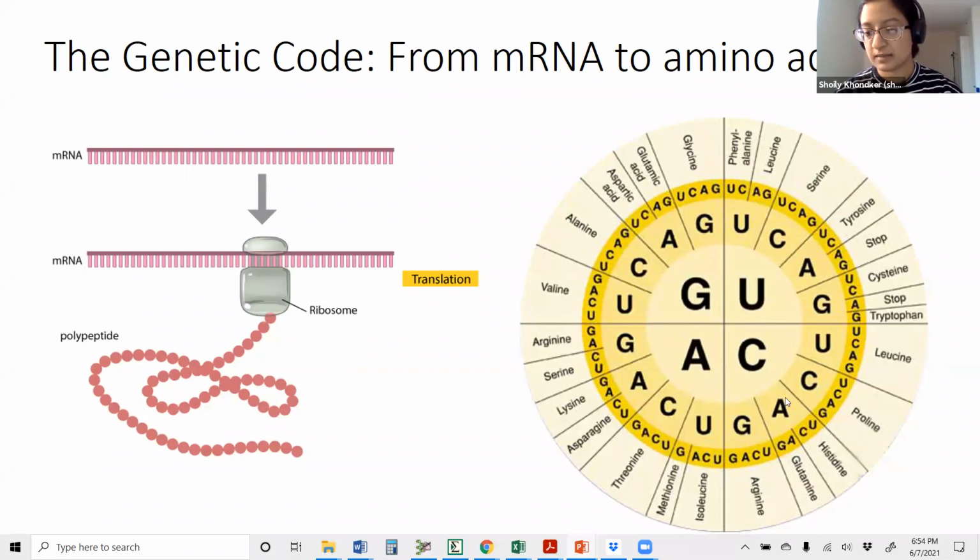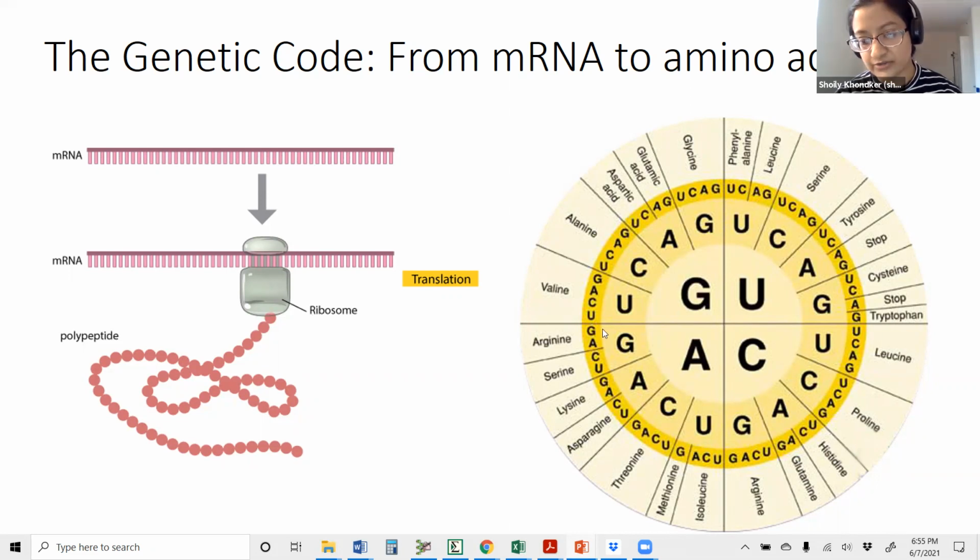So you'll notice that there are multiple combinations of nucleotides that can yield one specific amino acid. There's 20 in total. In addition, there are also codons that code for stop, which designates where in the sequence the ribosome should stop producing the polypeptide.